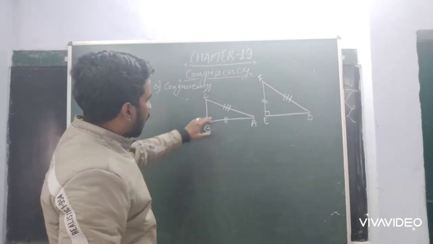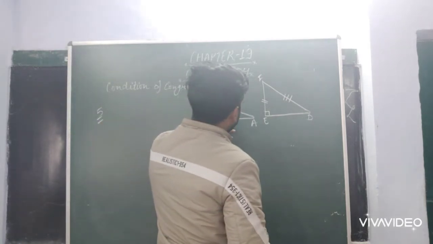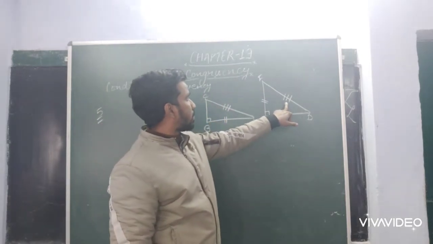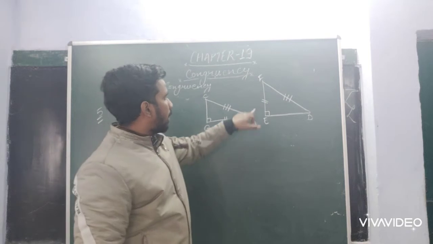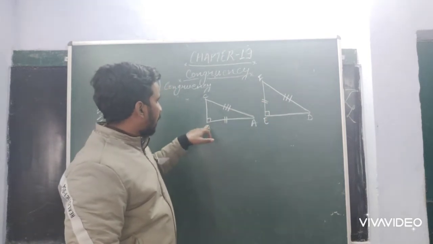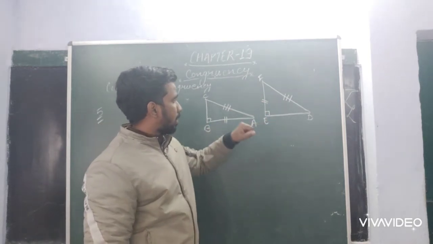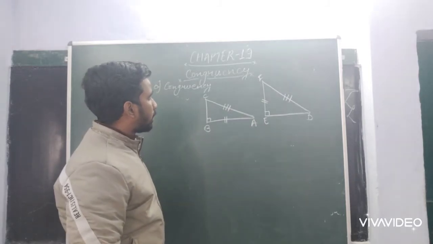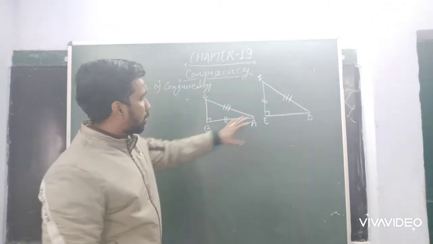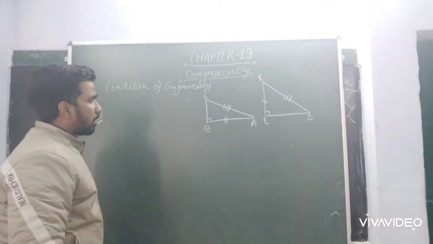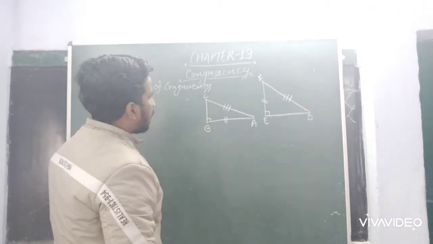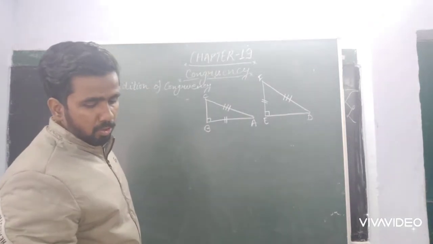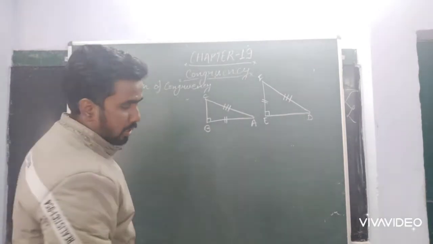The hypotenuse of this triangle is equal to the hypotenuse of this triangle. This side and this side are equal, and this angle and this angle are equal. So we can prove that these two triangles are congruent, and the condition is right angle hypotenuse side. So let's write its condition.